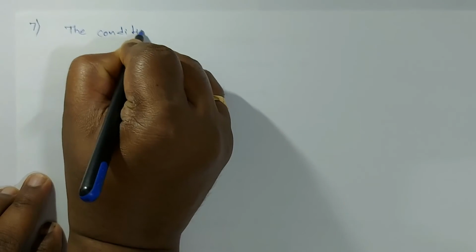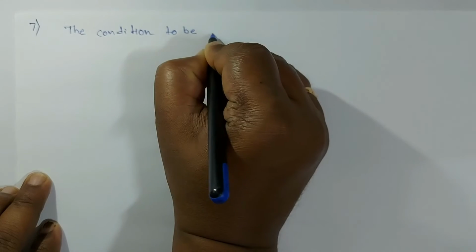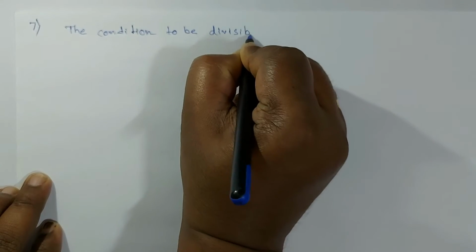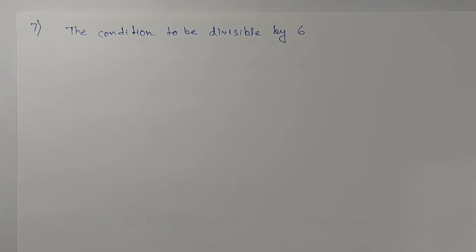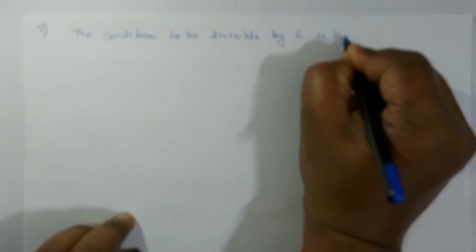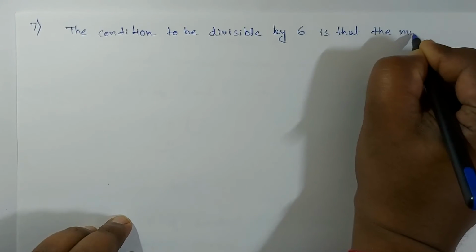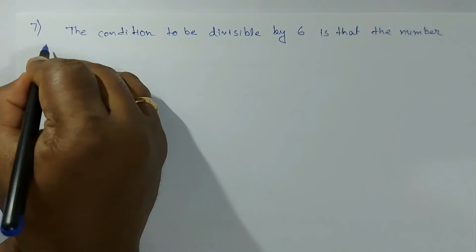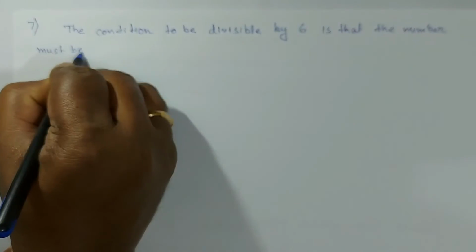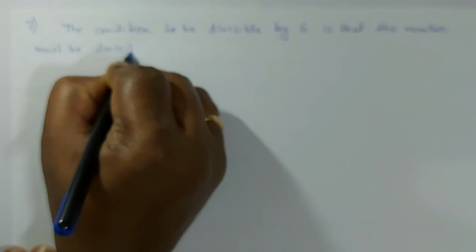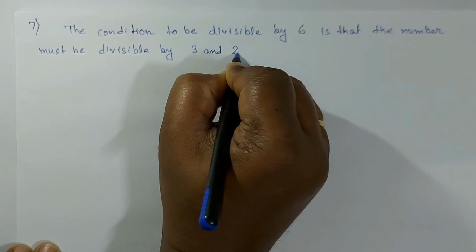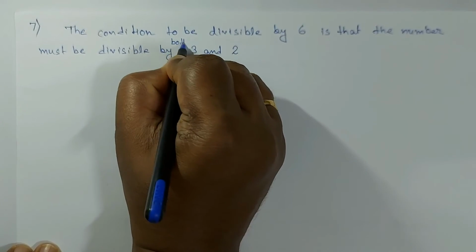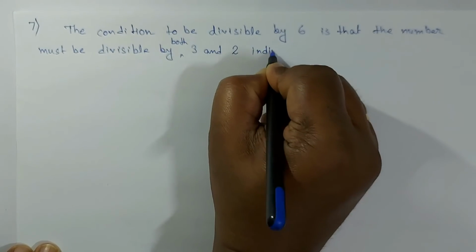The condition to be divisible by 6 is that the number must be divisible by both 3 and 2 individually.